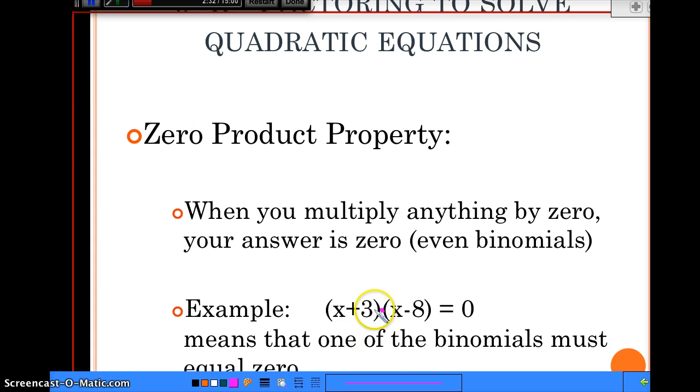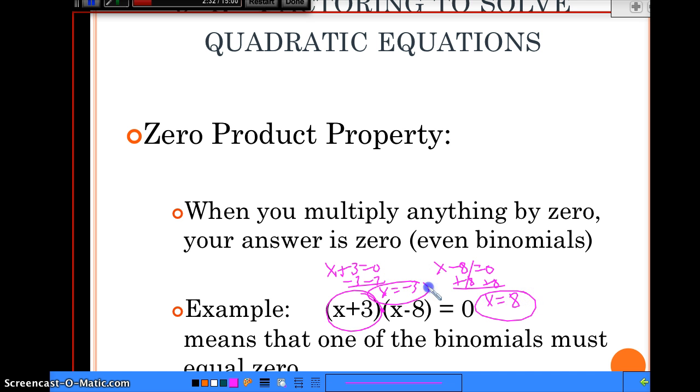So what they tell you to do is to take the whole binomial, set that equal to 0, and set the other binomial and set that equal to 0. Solving each one of these, you're going to end up with an answer of -3 and an answer of 8. So those are going to be the possible answers, which we call roots.